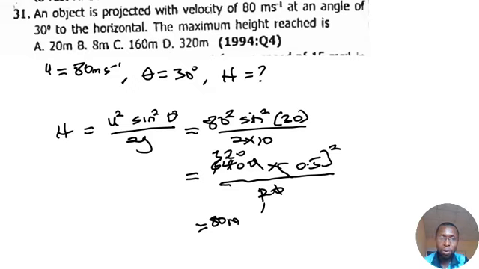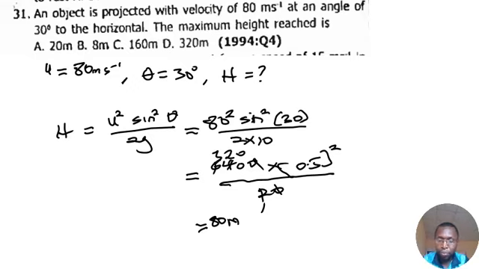And here we have option A to be 20 meters, option B to be 8 meters, and then option C 160 meters, option D 320 meters. So the correct option is supposed to be 80 meters. There is an error in these options. Maybe if this one happened to be 80, it would be B. So there's no answer here. So going by calculation, this is the correct answer, 80 meters.